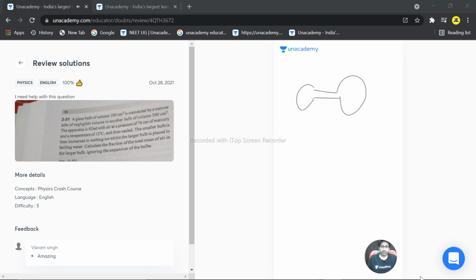As per the question, the temperature is 12 degrees Celsius. The volume for this is 100 centimeter cube, that's given in the question itself, and pressure is 76 centimeter of mercury.